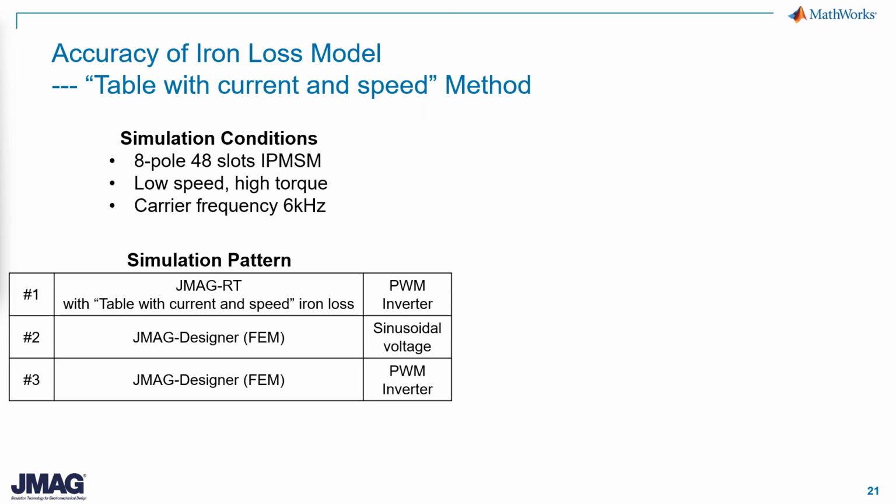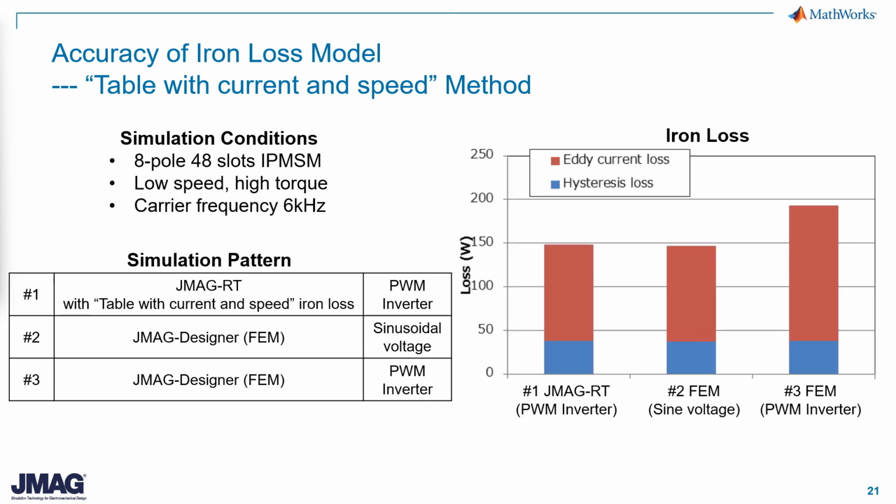And the third pattern is also the pure FEM, JMAG Designer, and the PWM inverter was used as a source for this third case. Then here's the accuracy comparison for the table.